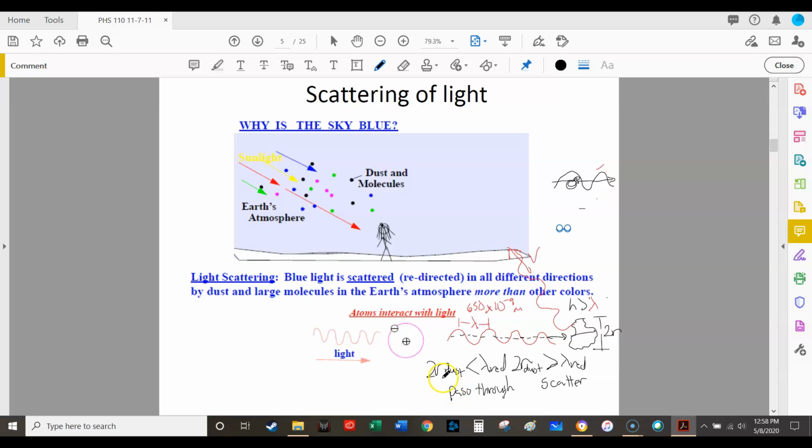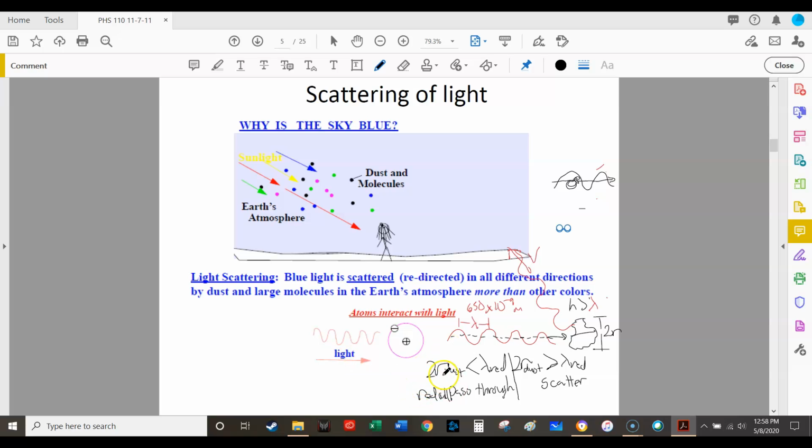So if the diameter of the dust particle is less than red, the red wavelength will pass through. Otherwise, it'll scatter. Okay? So that's how light actually scatters off of something. It's basically this rule, right?